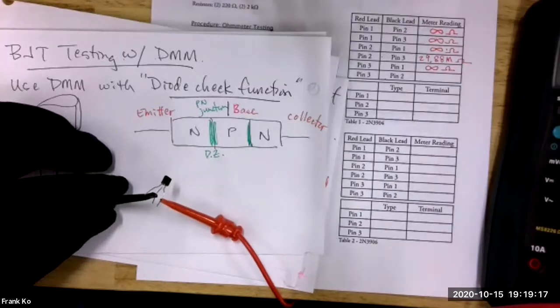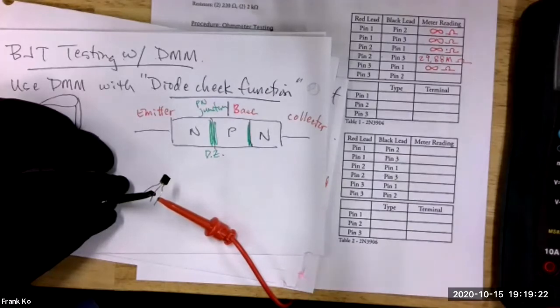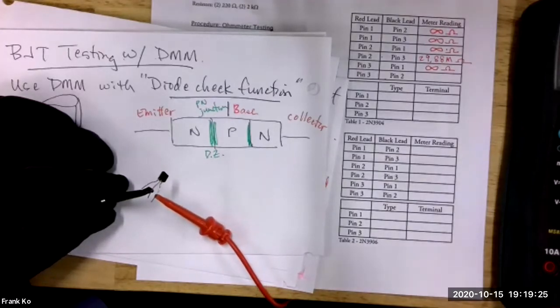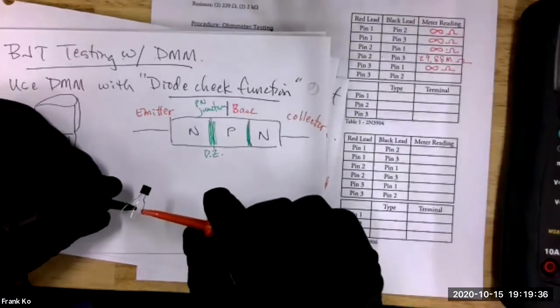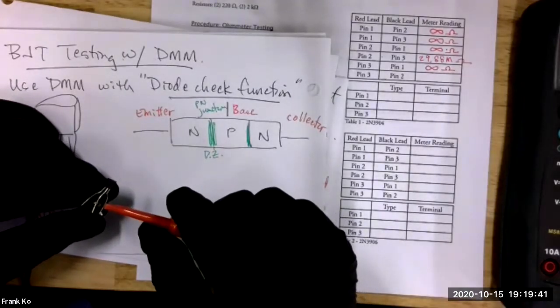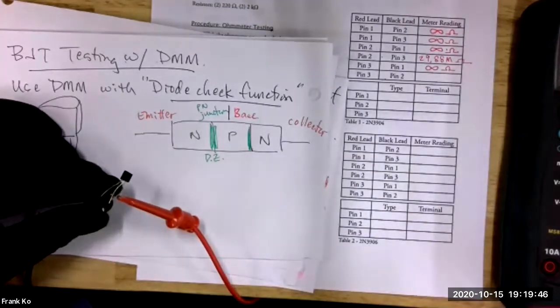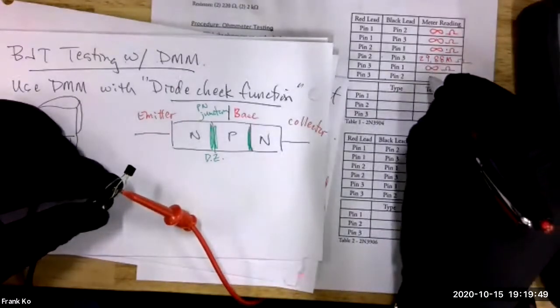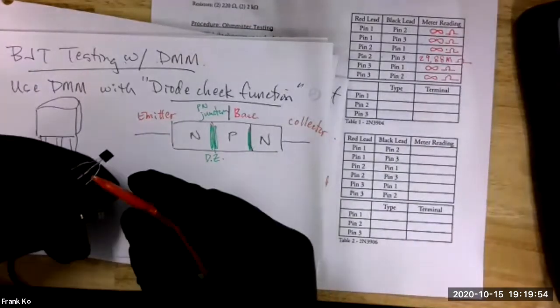Am I going to get anything here? Okay, what do you have between 3 and 2? Okay, and Carlos? Infinite. All right, let's go back to the 2-3 combination.